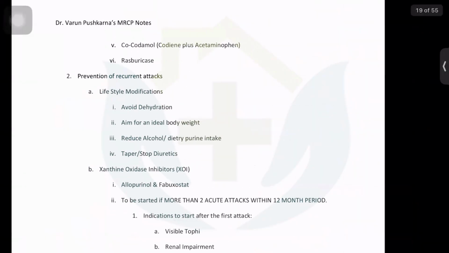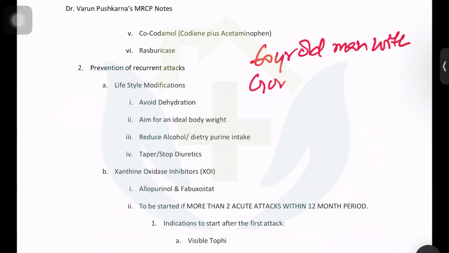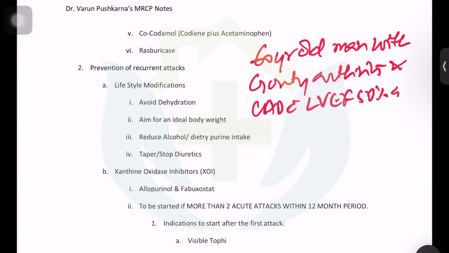So this brings to me a very important question. There was another question: a 60-year-old man with gouty arthritis and coronary artery disease with LVEF of around 50% on diuretics has persistent symptoms.